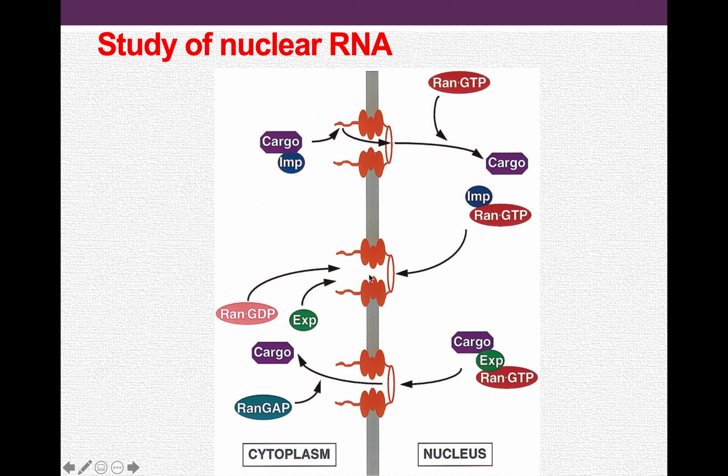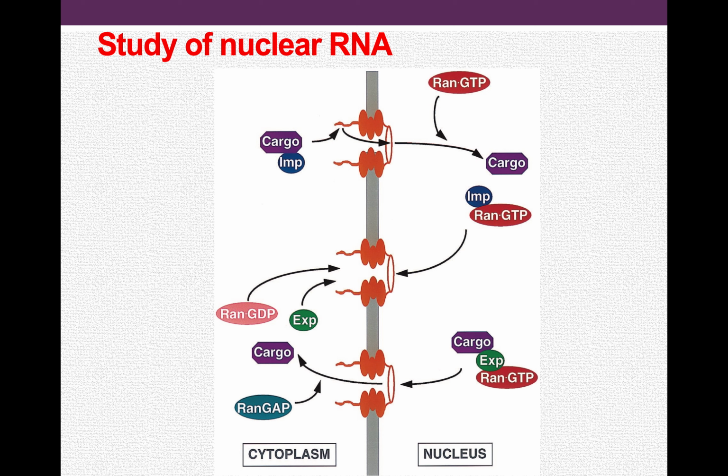RAN-GDP will accompany the exporter back to the nucleus for the next use of transporting another cargo from nucleus to the cytoplasm. Over here, RAN-GDP will be converted to RAN-GTP, triphosphate, from di to tri.